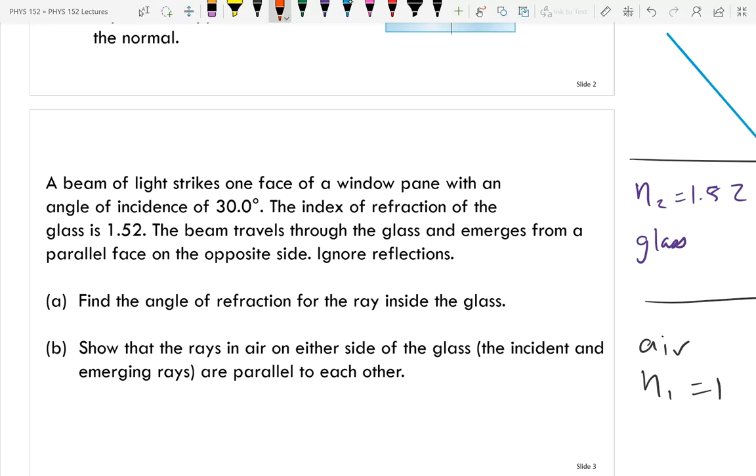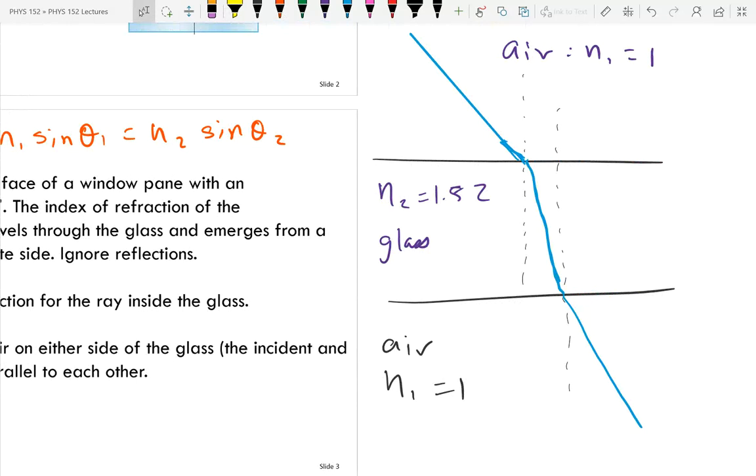Snell's Law. We're going to use Snell's Law, which says n1 sine theta 1 equals n2 sine theta 2. So I need to look at this and say, okay, where's theta 1? Where's theta 2? Where's theta 1? The angle of incidence at the first surface.